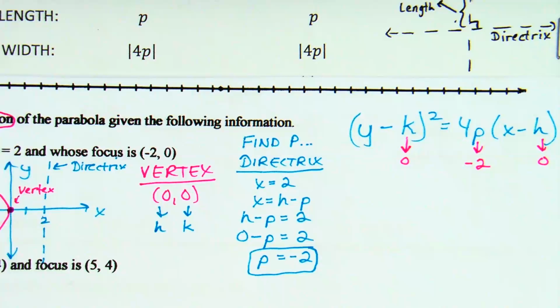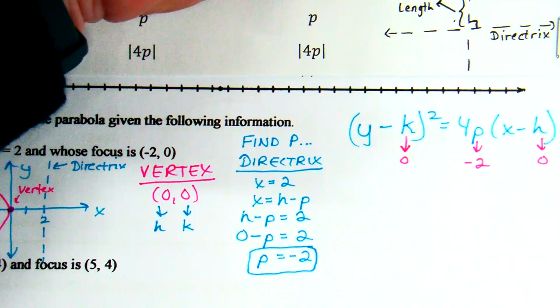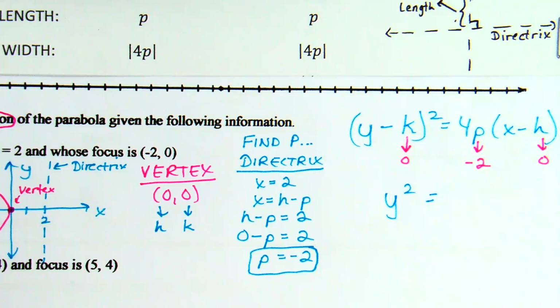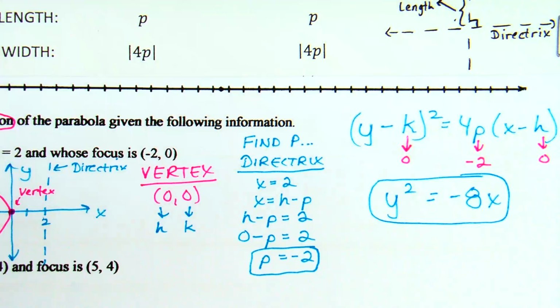What's a better way to write that? If it's y minus 0, that is just y, so y squared. 4p: 4 times negative 2, negative 8. x minus 0, x. So we have the equation y squared equals negative 8x.